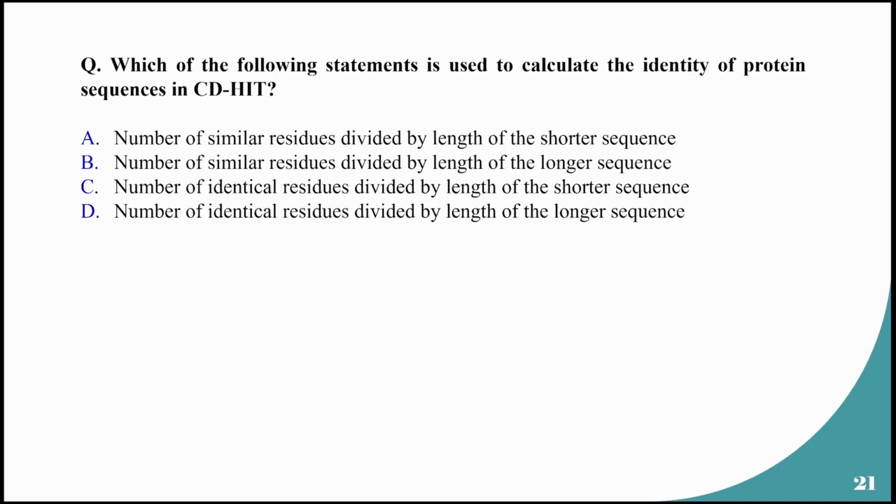Let's see, if we have two sequences that have different length or different size, we divide the number of identical residues by the length of the shorter sequence. So similar in this case is not the correct one, because it should be the exact same residue for the CD-HIT algorithm, as I showed in one example in the earlier class. So the identical residue count divided by the length of the shorter sequence, that should be the precise answer in this particular one. Okay.